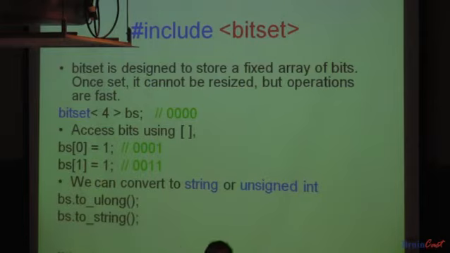There is actually a container in the standard library called bitset. Guess what bitset does? It stores a collection of zeros and ones. Okay? Now it's templated in a very weird fashion.